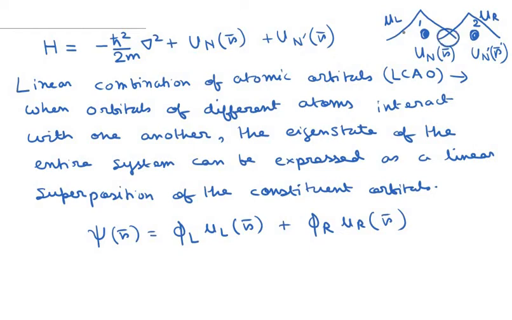At all other places, for example somewhere here ul has a definite value but ur is basically 0, so the product is 0. Here at this point also ul is 0 but ur has a definite value, so the product is again 0. So it is only in this region that both ul and ur have some finite value. So the value of the integral comes from here, because only in this region the product is non-zero. So what the value of the integral is basically depends on how much overlap there is between these two orbitals.